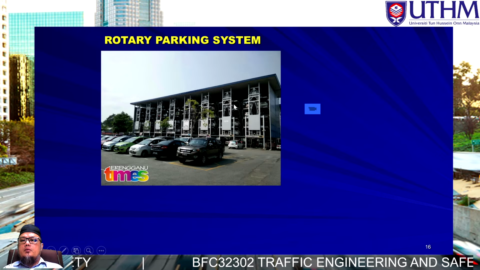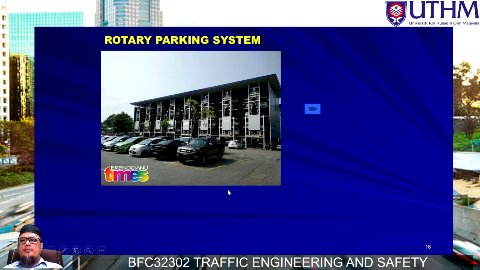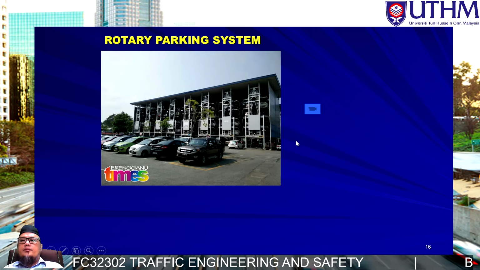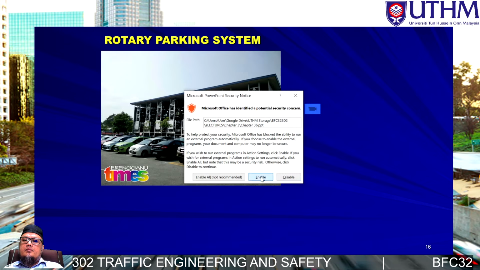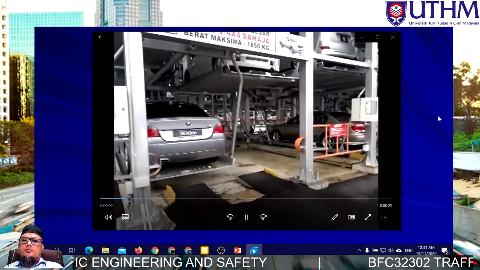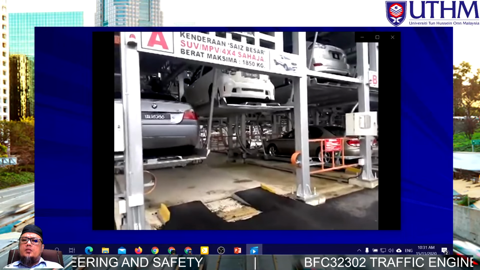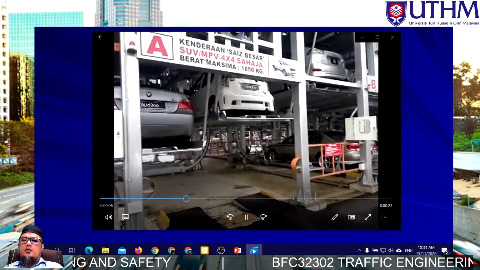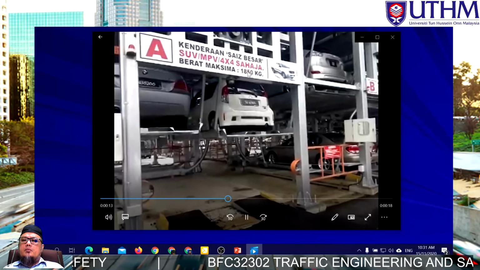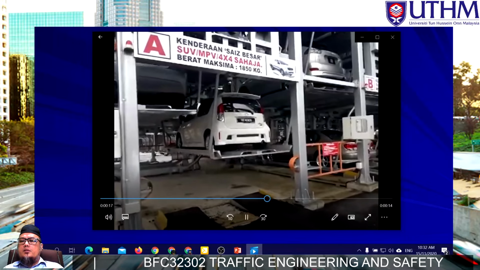Okay, this one is installed in Terengganu. It's quite interesting. But they are only limited to a certain size of vehicle, for example SUV, MPV or 4x4 vehicles, which is a maximum of only 1,850 kilograms.